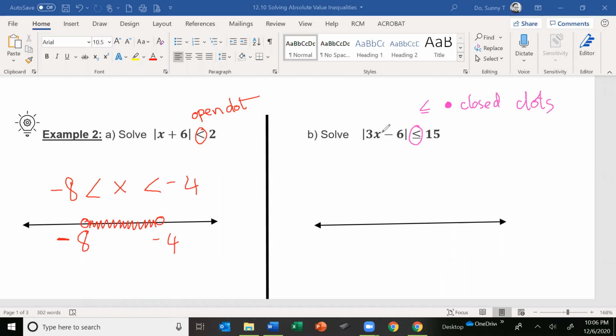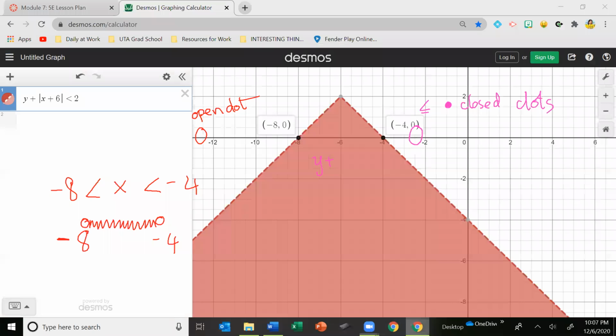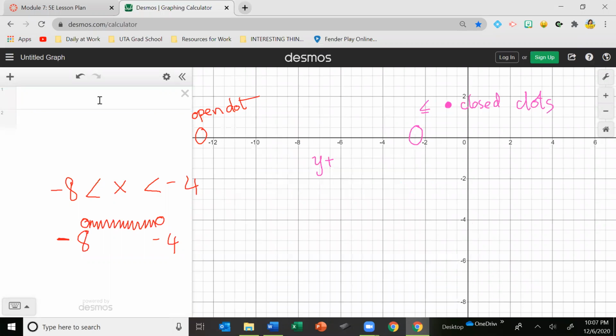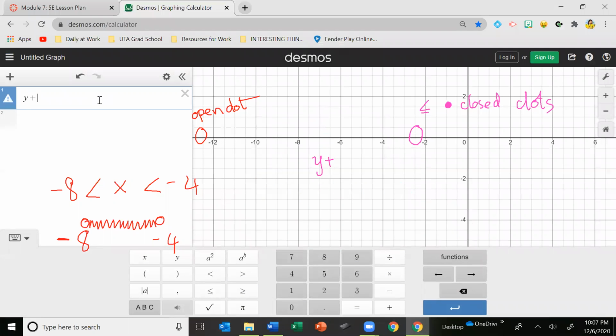Now we're going to grab this one, just like how we graphed earlier. Remember, to see the whole graph, we put y plus in front of everything else. So put y plus, and then absolute value again in the bottom on the keypad, absolute value of a.